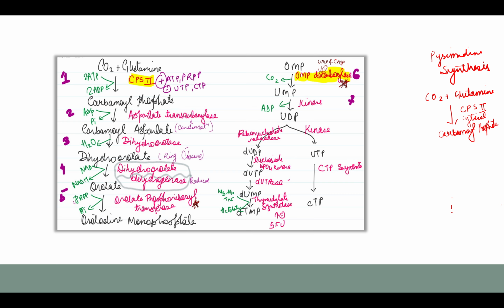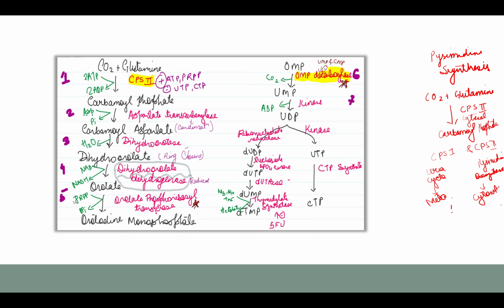There is another enzyme, CPS1, which is involved in urea biosynthesis. So CPS1 and CPS2 are present in the human body. CPS2 is utilized in pyrimidine biosynthesis. CPS1 is involved in the urea cycle. It is a mitochondrial enzyme, whereas CPS2 is a cytosolic enzyme.